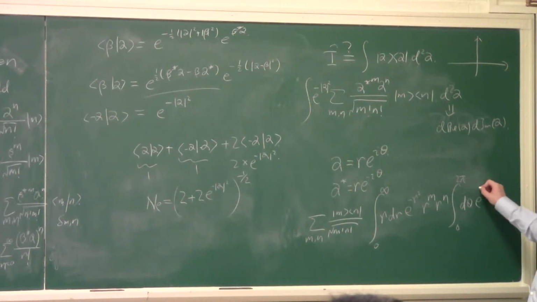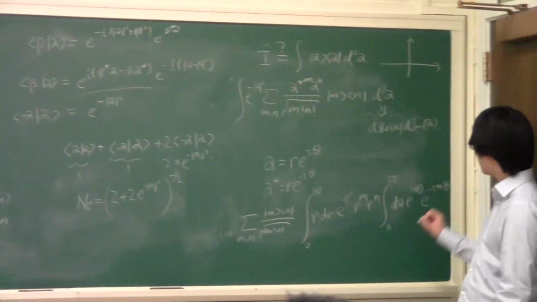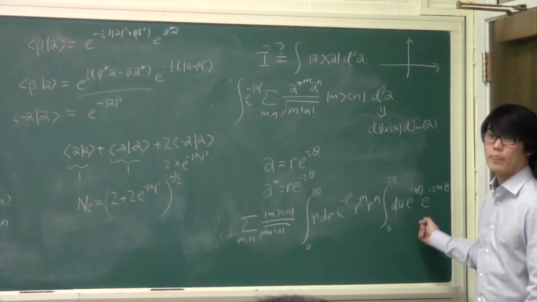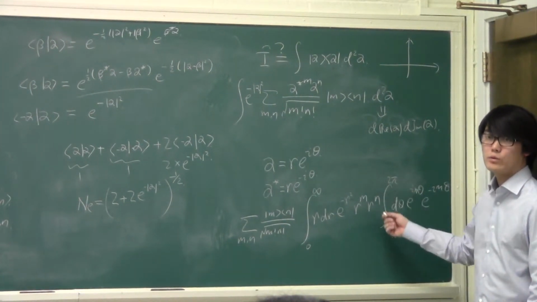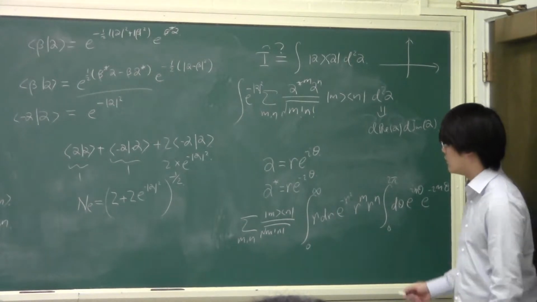This is e to the i n theta, e to the minus i m theta. So you notice that this will give you 2 pi delta mn. So this gives you a Kronecker delta over here.